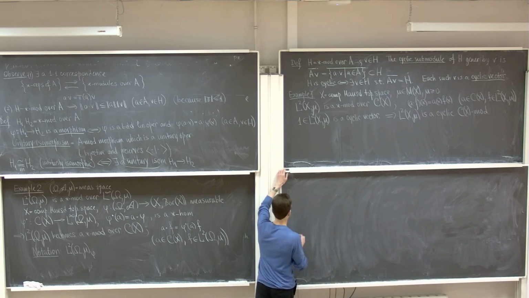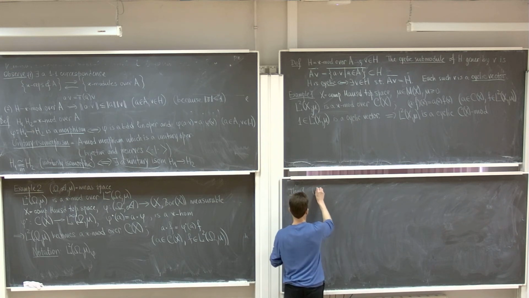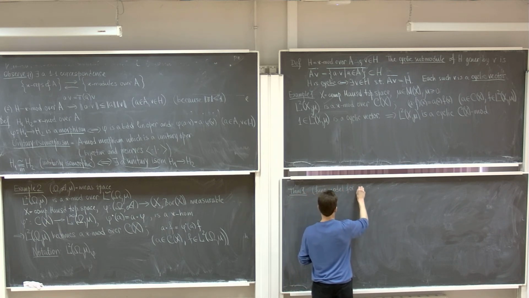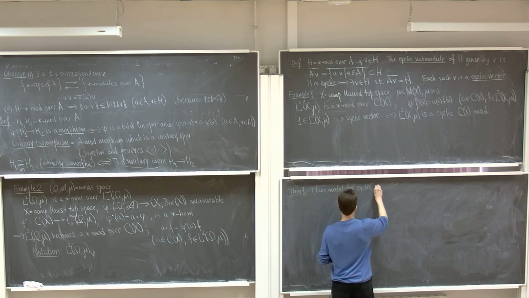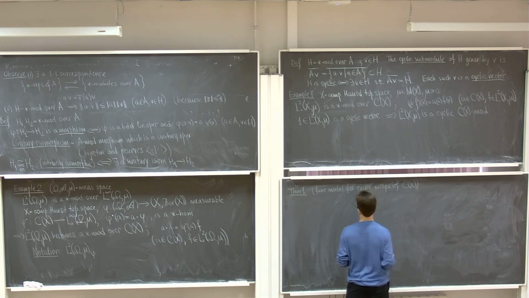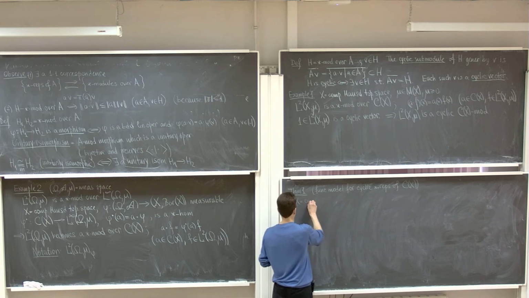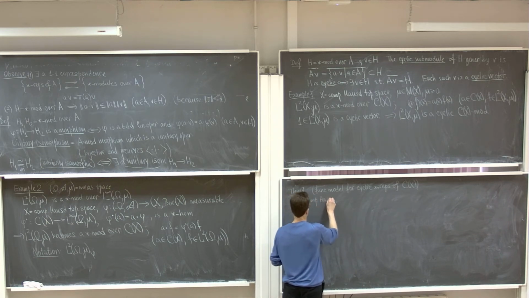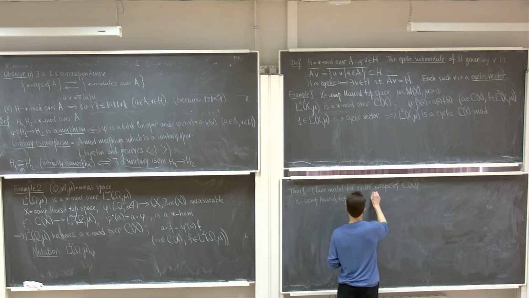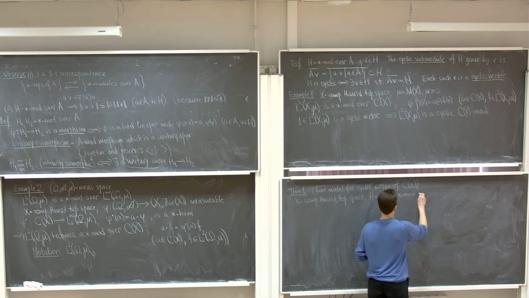Theorem One, which gives us a functional model for cyclic star representations of C(X). Suppose that X is a compact Hausdorff topological space, and suppose that H is a cyclic star module over C(X).